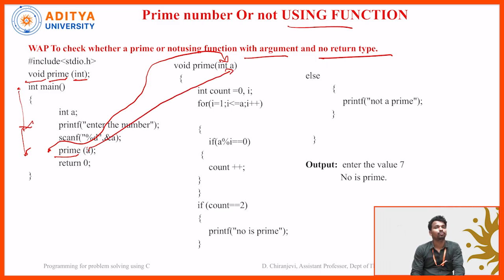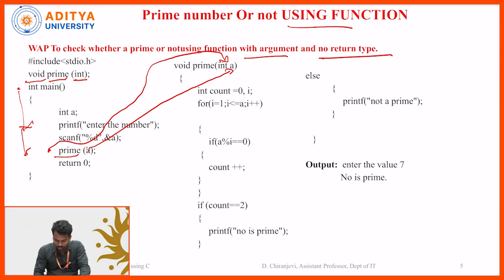Now when will you say a number is prime? Here we will have three cases. The first case is case 1: you start from i equal to 1 and you go up to i equal to n. It means 1 is a factor, and n is also a factor. So in that case, the count value is 2.